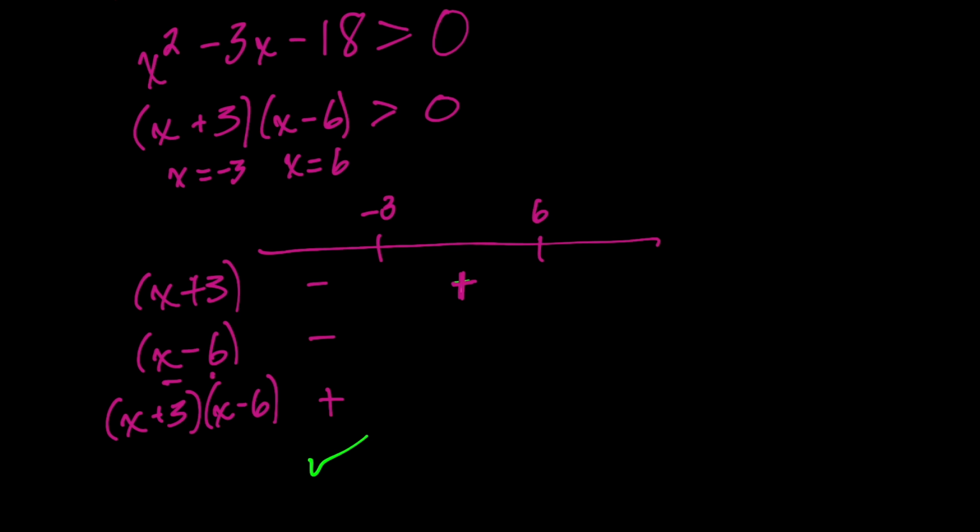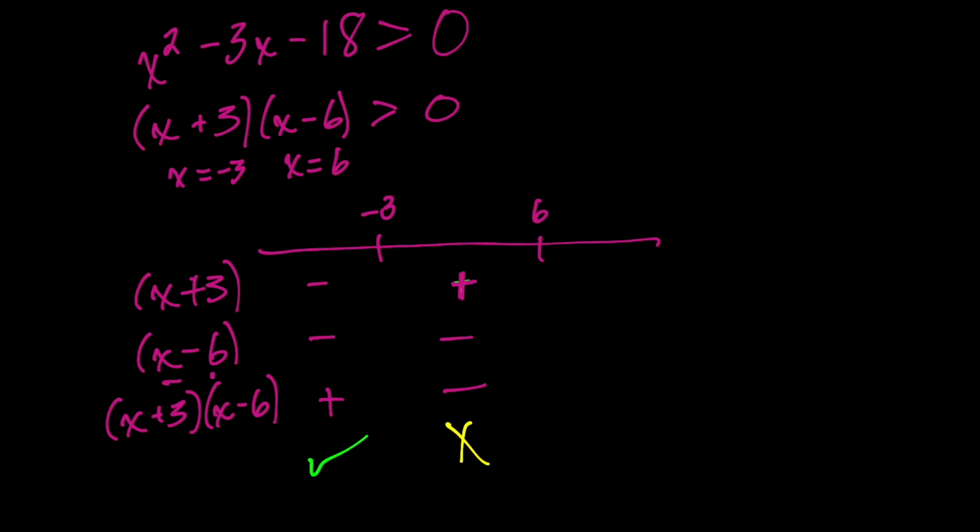Well, that's negative. So what's positive times negative? That's going to give us a negative. So this one does not work. So it gets a big old X. Well, yellow X. But that'll work.